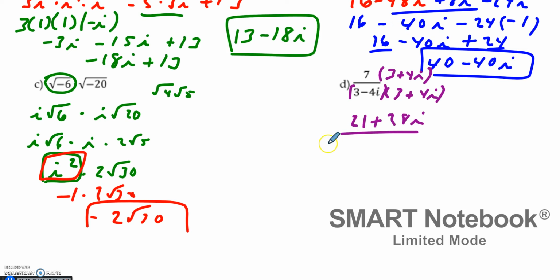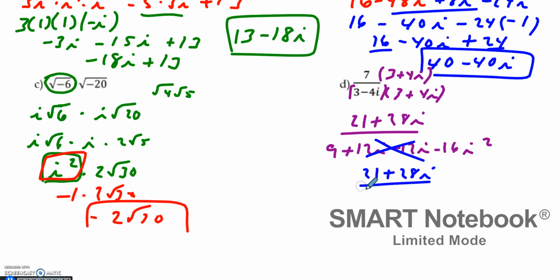So if we distribute the 3 first, we have 9 plus 12i, and then we distribute the negative 4i, so we have negative 12i. Then we have minus 16i squared. So the middle terms do cross out. I'm left with 21 plus 28i in the numerator. In the denominator, I'm left with 9 minus 16 times i squared, which is really negative 1.